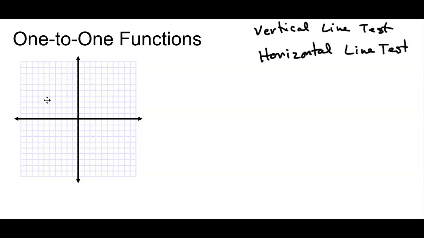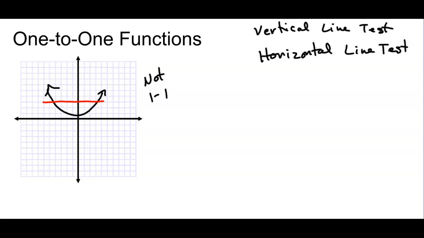Let's say I have a function that looks like a parabola. Okay, it passes the vertical line test, it's a function. I already said that it was a function, but it's not one-to-one because it doesn't pass the horizontal line test, meaning if I draw a horizontal line, it hits in more than one place.